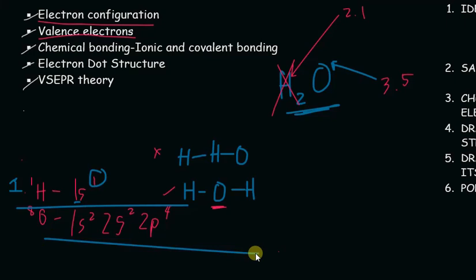For oxygen, its electrons occupy the first energy level and the second energy level. So the outermost energy level is the second energy level, and the second energy level has 2 plus 4, that's 6 valence electrons. Again, valence electrons are the ones involved in chemical reactions or chemical bonding. So let's take note: hydrogen has one valence electron and oxygen has 6 valence electrons.